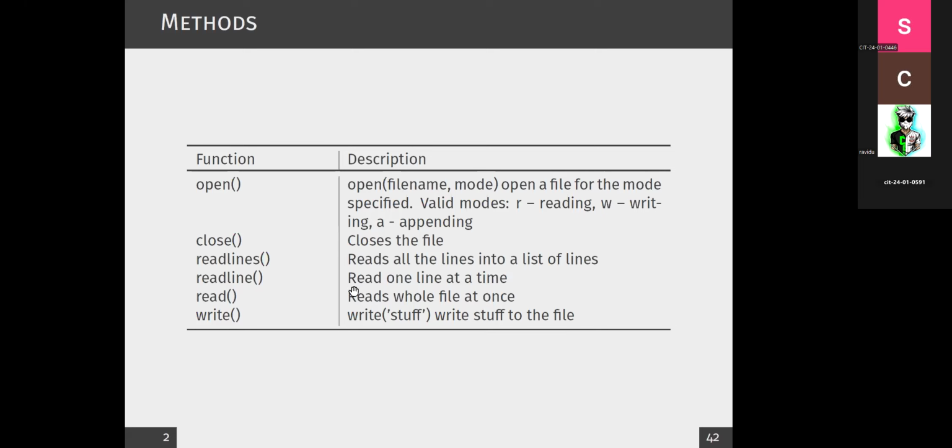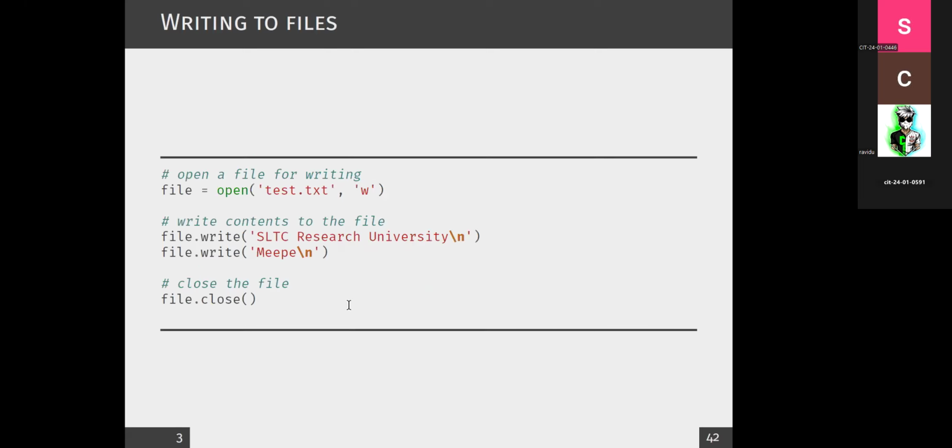Okay, so let's try to understand this with an example. You can notice a simple code where I'm going to write two lines, SLTC Research University, inside the file. The file that I'm going to create is called test.txt.